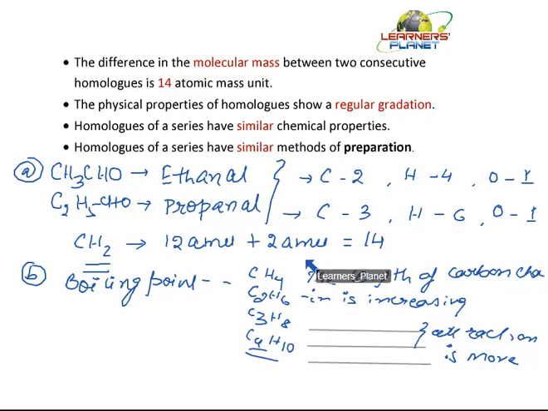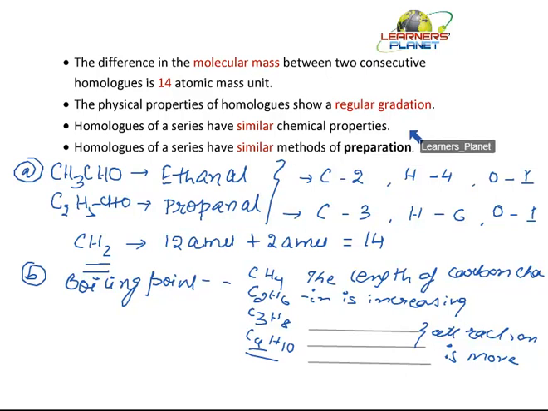Is my point clear? Now let's take up the third point: homologues of a series have similar chemical properties. Students, the chemical property is decided by the functional group, so it has to be the same.